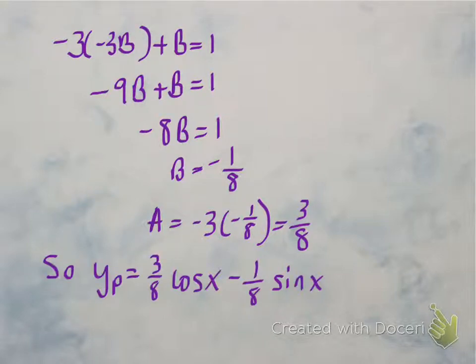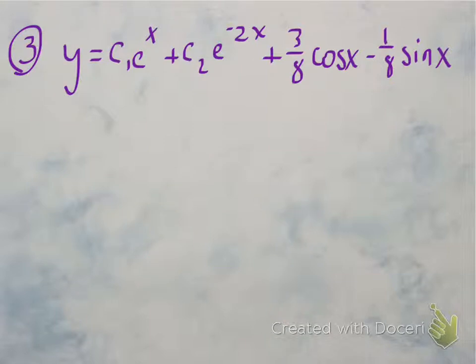So that tells me that my particular solution is 3/8 cosine x minus 1/8 sine x. And my final step is the general solution is given by my complementary solution plus my particular solution. So c1 e to the x plus c2 e to the minus 2x plus 3/8 cosine x minus 1/8 sine x.